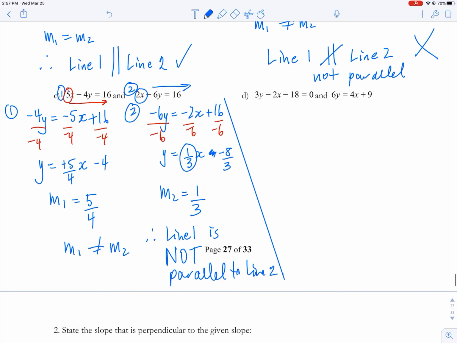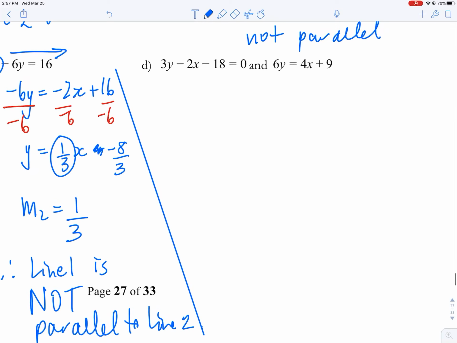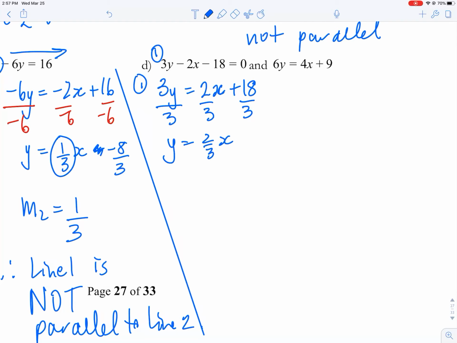For question D, we have to isolate y again. For line 1, 3y equals positive 2x plus 18. Divide everything by 3. y equals 2/3 x plus 18 over 3. I get that m1 equals 2/3.